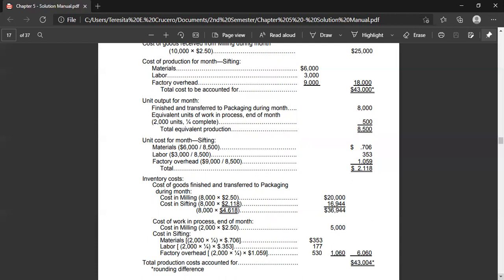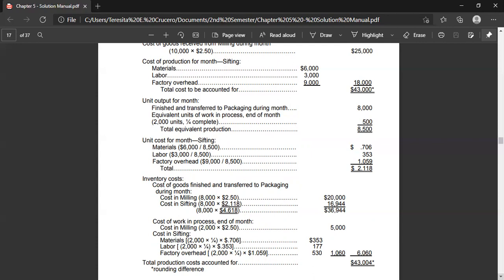Then the cost of the work in process at the end of the month, 5,000. The cost in shifting materials, 2,000, but equivalent production is only one fourth. So you get 363 or 353. Then labor, 2,000 labor cost times one fourth.